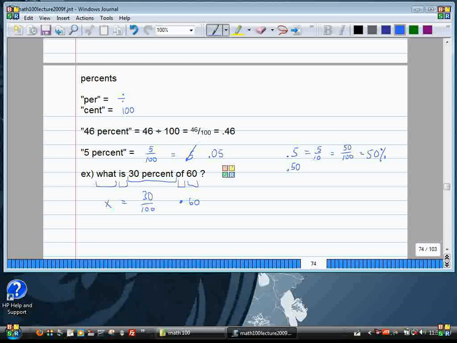So how can we simplify? Yeah. What you've got is this, and you can just divide by 10 gives you that. Divide through by another 10 gives you that. So it's just 18. You can come up with whatever shortcuts you like. I'm doing it rigorously, slowly, step by step.